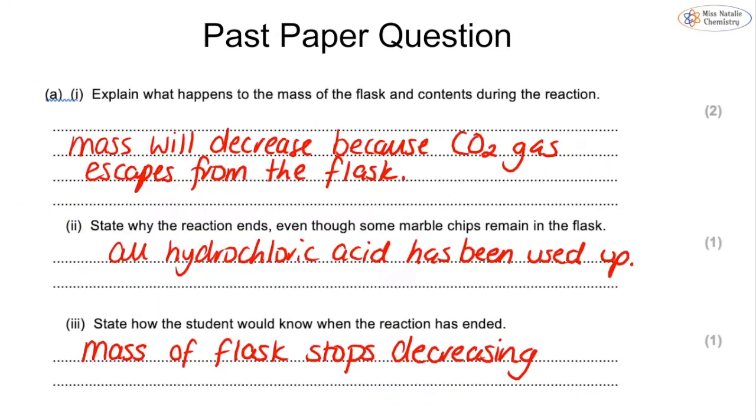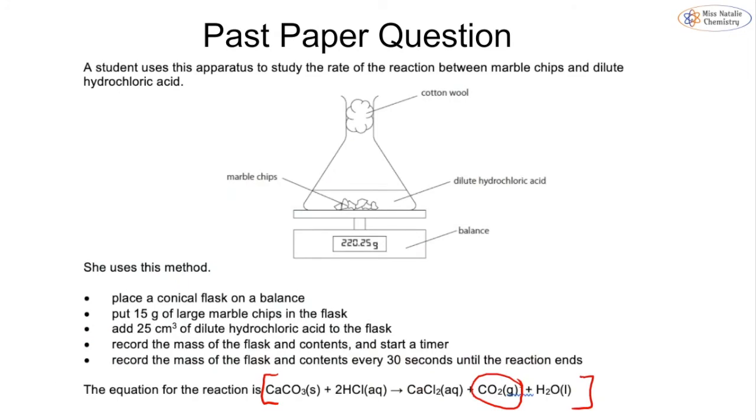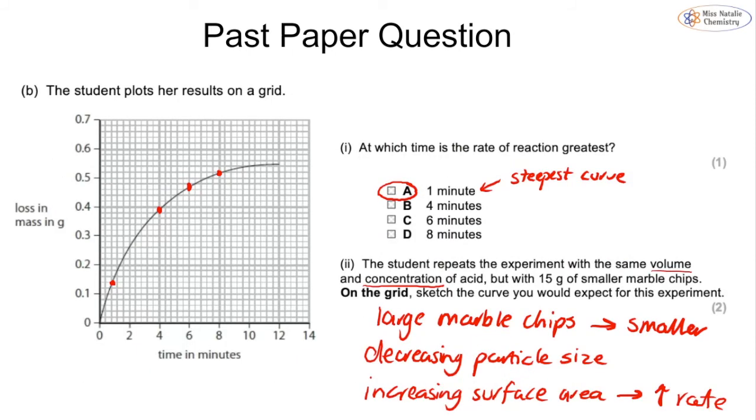But notice, if we go back, we used 15 grams of large marble chips, and we are using 15 grams here. That tells us that the mass that is being lost has to stay the same. I've not changed how much marble chips is reacting, I'm just changing how fast they are reacting.